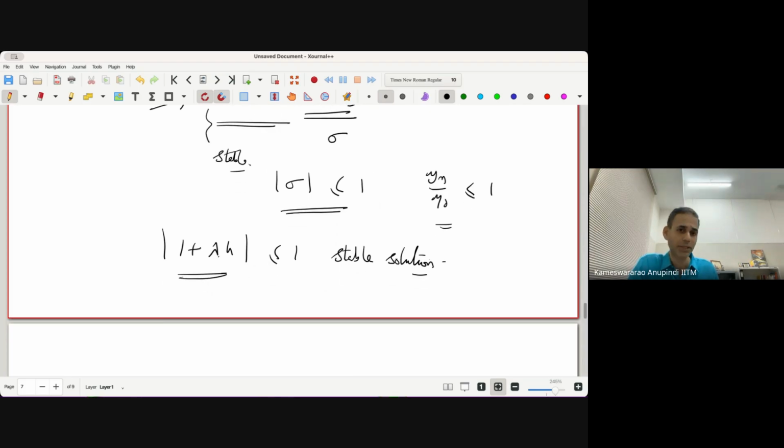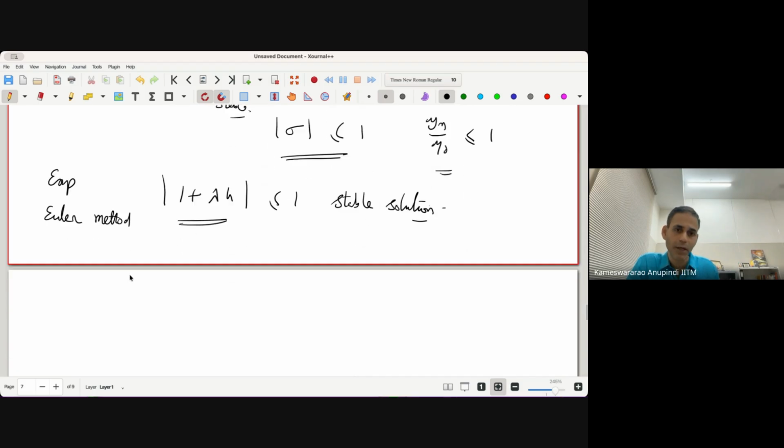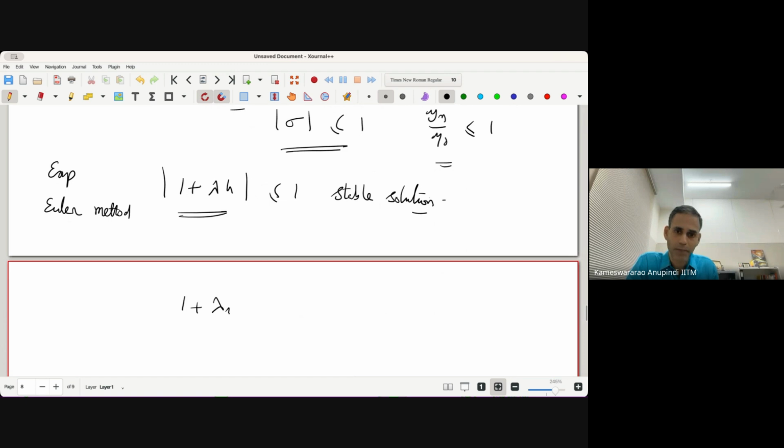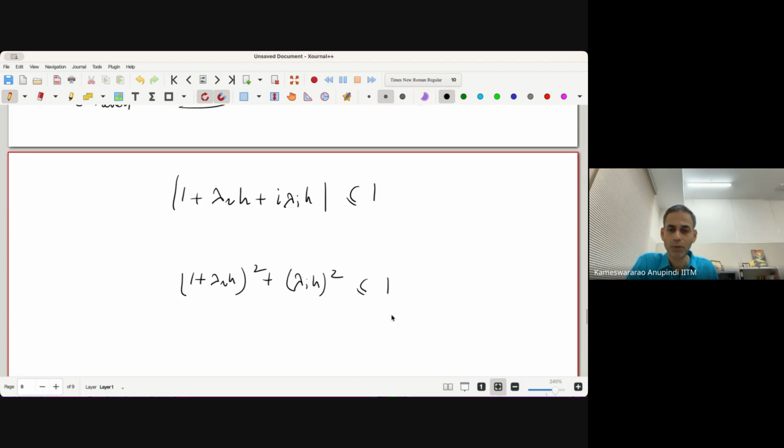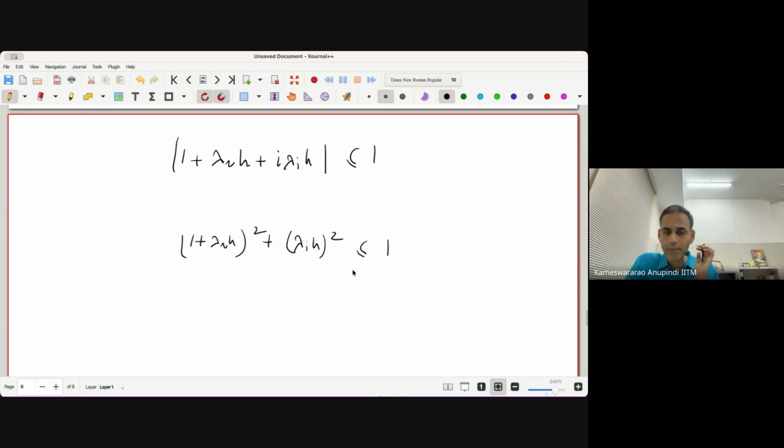What is this condition? This is the condition we have obtained for the explicit Euler method. But I can also write this as the modulus of 1 plus lambda r h plus I lambda I h being less than or equal to 1. What is the modulus of a complex number? That is its magnitude. So we can write this as (1 plus lambda r h) whole square plus (lambda I h) whole square less than or equal to 1. What is this condition?